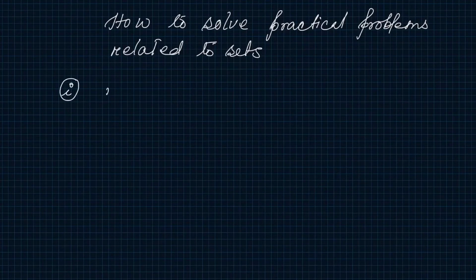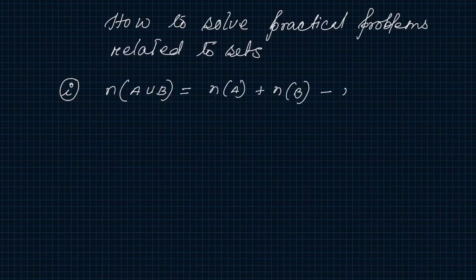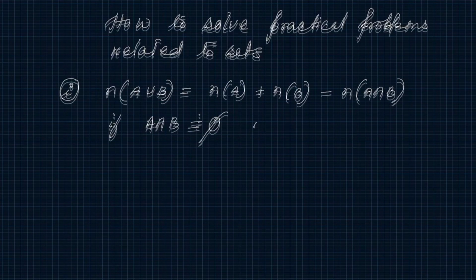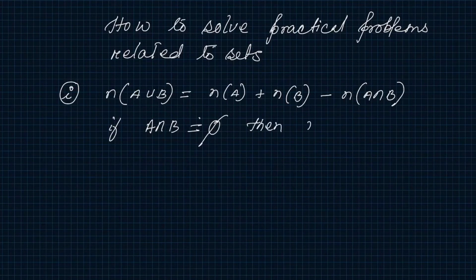The first formula is: number of elements in set A union B is equal to number of elements in set A plus number of elements in set B minus number of elements in set A intersection B. Here we must remember one condition: if A intersection B is phi, that is a null set, then number of elements in A intersection B must be equal to 0.